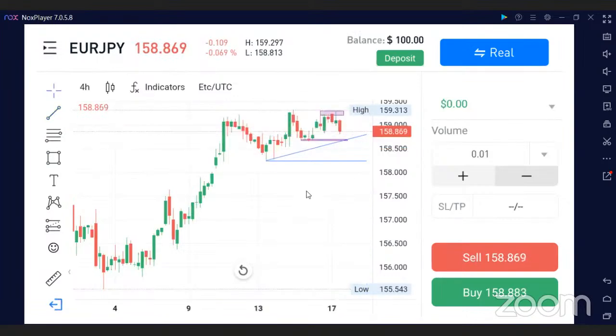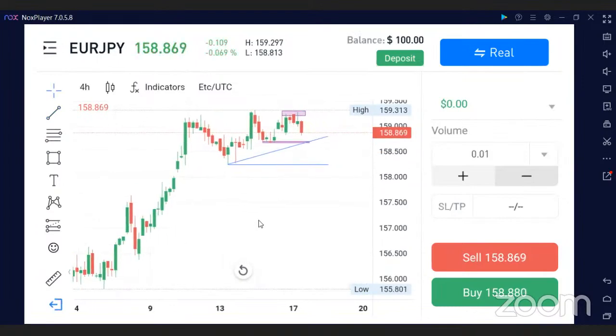Don't worry, I'm still going to show you a better view of it. So just manage this with me for now. Look at this area, we have a wick touching our trend line around here. This market is an uptrend market.